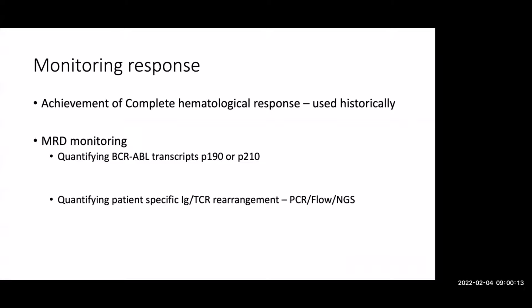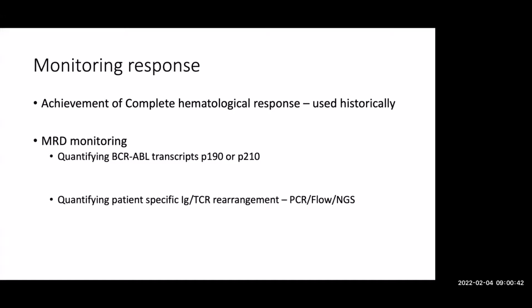As I had said, with the use of tyrosine kinase inhibitor, whether it is imatinib, nilotinib, dasatinib, or ponatinib, the complete hematological response invariably reaches 90 to 100%. So achievement of complete hematological response does not impact the treatment later on.